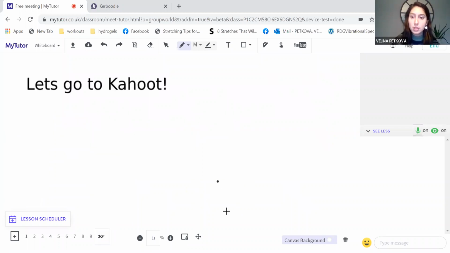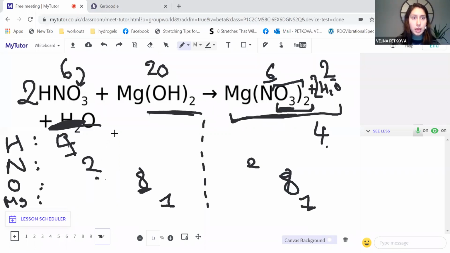So do people have any more questions on balancing equations? So it's only 4 hydrogens on the left, as we've got 2 hydrogens from this part, and then we've got 2 hydrogens from this part. How can you add more elements on the right side?